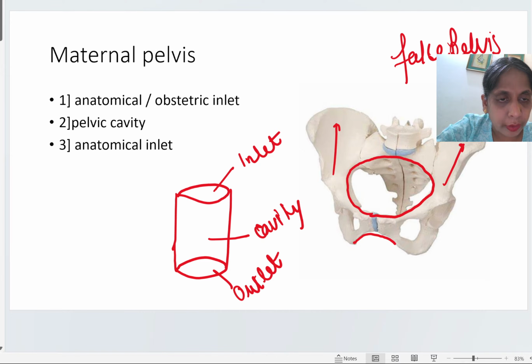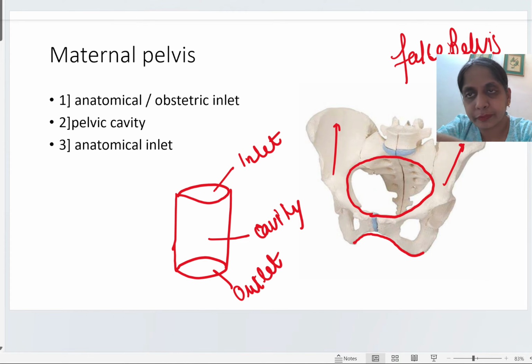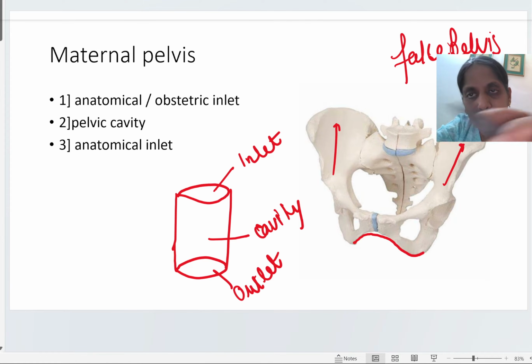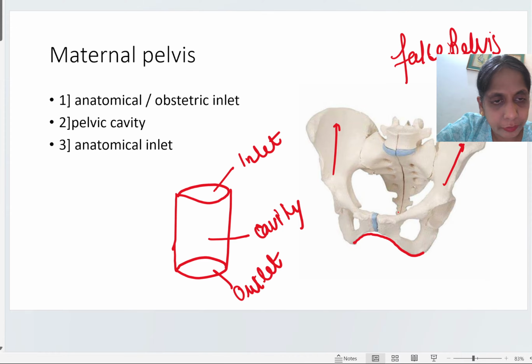Now I'm erasing the inlet. Here it goes up to the coccyx. These lines meet at the coccyx by the sacrotuberous ligament, and that is known as the outlet.